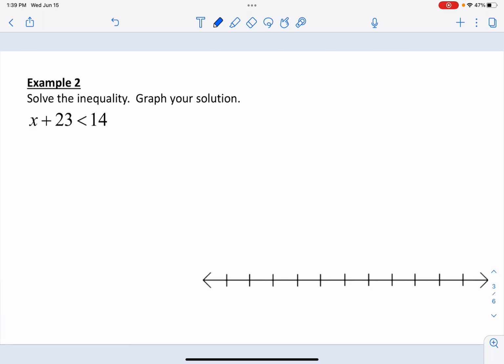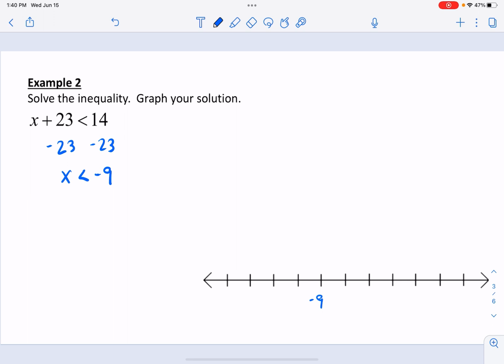Okay, solving this inequality. So we subtract 23 from both sides. And I get negative 9 over here. Okay, so negative 9, negative 10, negative 11, negative 8, negative 7, numbers less than negative 9.